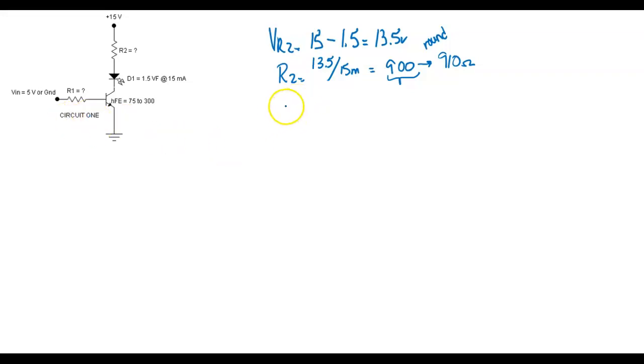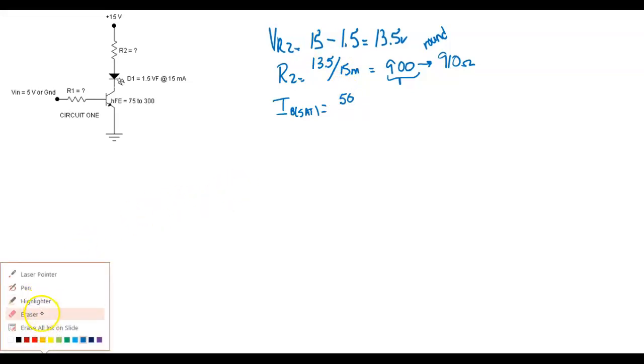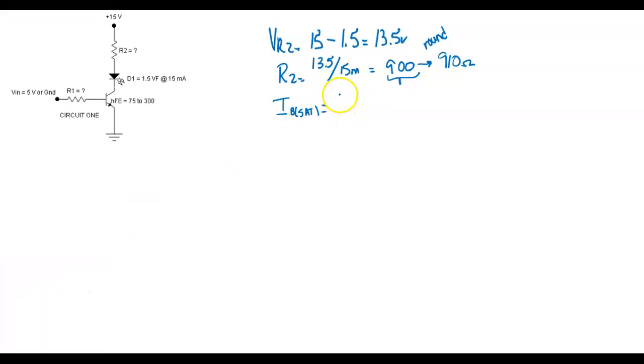So what I'm going to do is calculate IB sat, what we call IB saturation current. I'm going to take my 15 milliamps, and I'm going to divide it by 75, minimum beta, right?